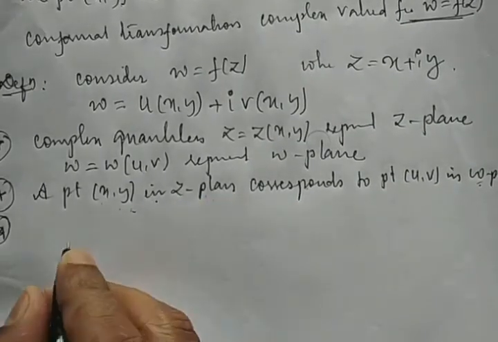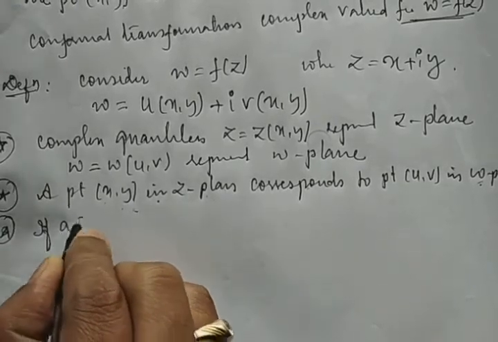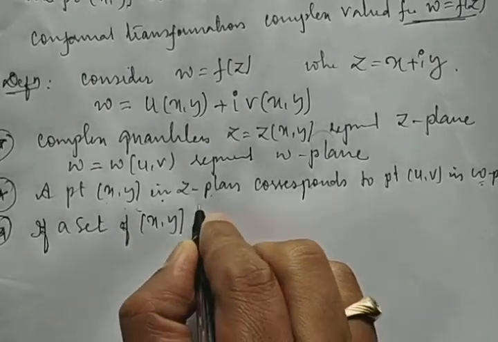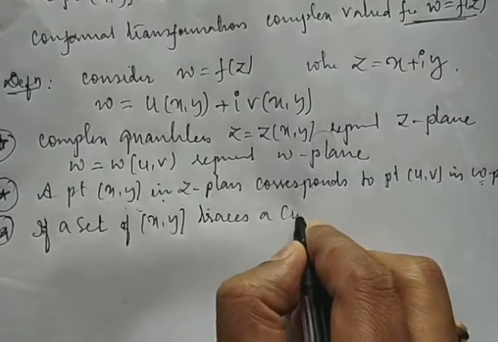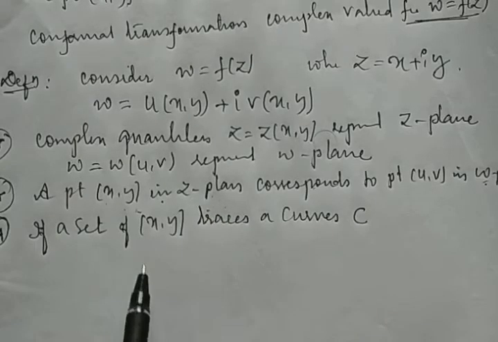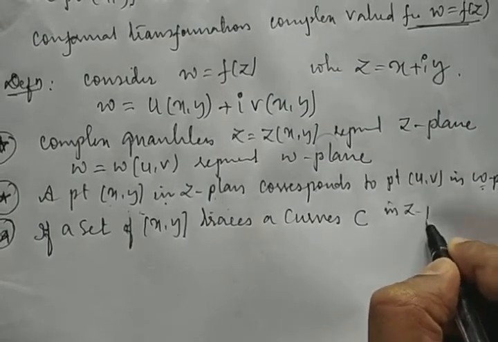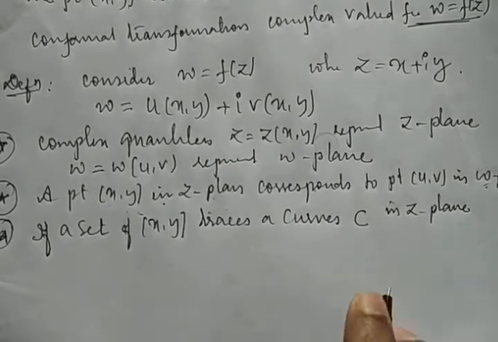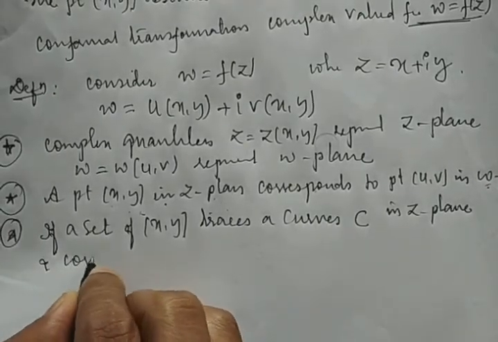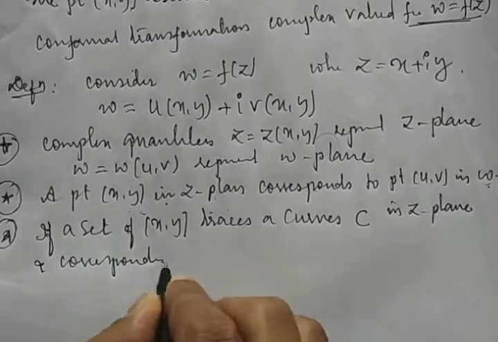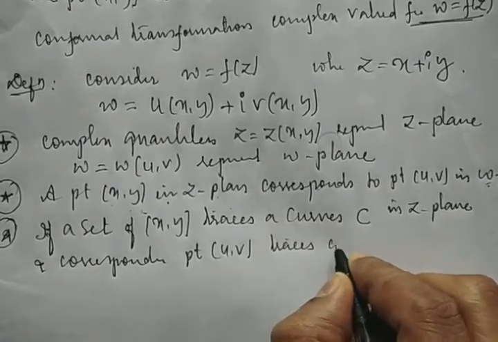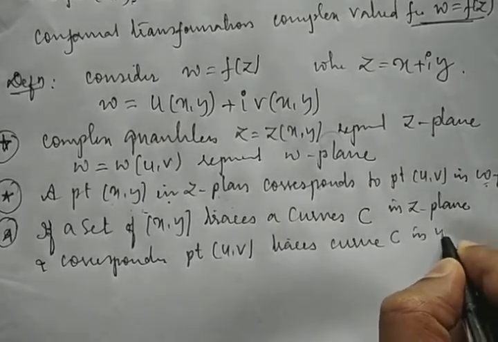As we discussed in the second one, if a set of points x, y traces a curve C, okay, means in z plane, if we trace a curve C, then how does it have an impact on the other plane, that is omega plane, and the corresponding point uv traces a curve C dash in omega plane.